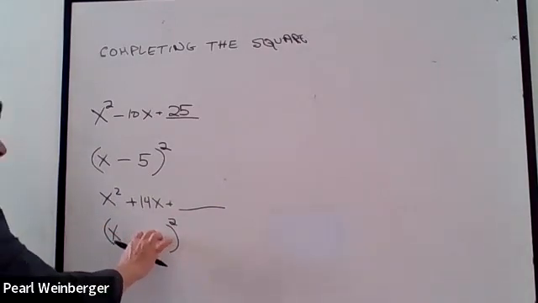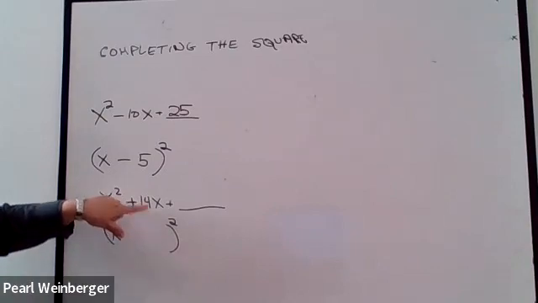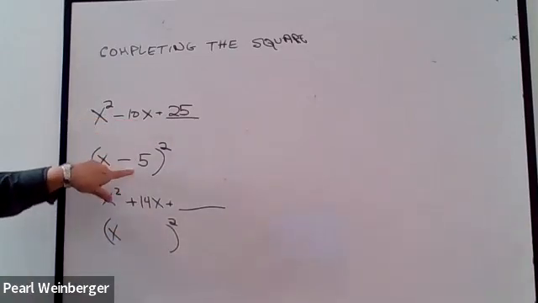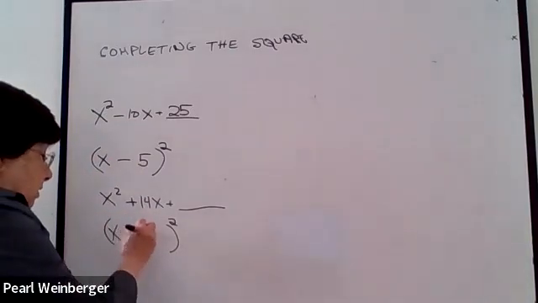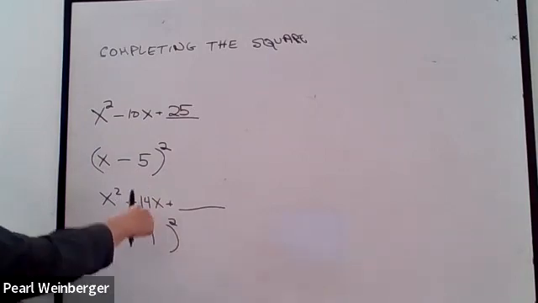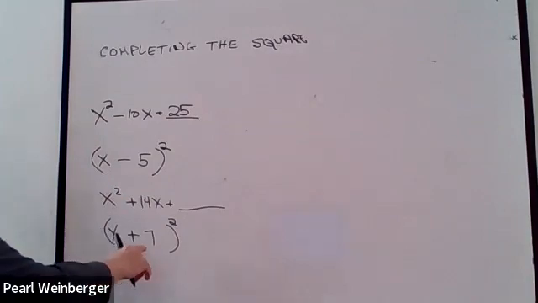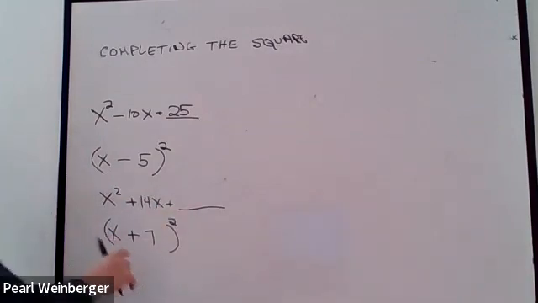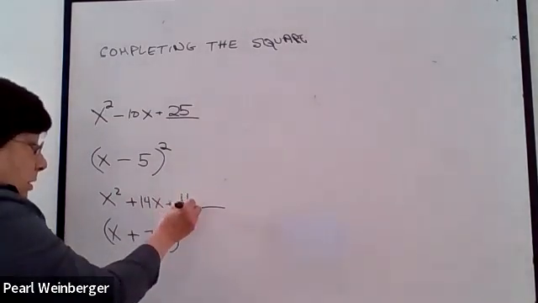But what's the second number going to be? It's always half of this number. Half of -10 was -5. Half of 14 is +7. In order to get my middle term to be 14x, I have to multiply these two and double it. So to undo it, I just divide it by 2. Which means that now I can figure out what my last term is going to be. It's going to be 7 times 7, or 49.